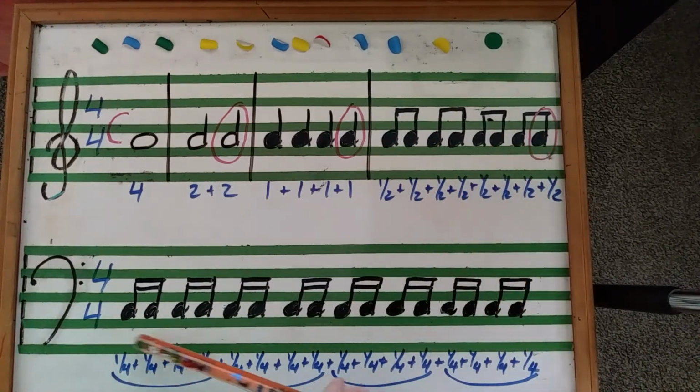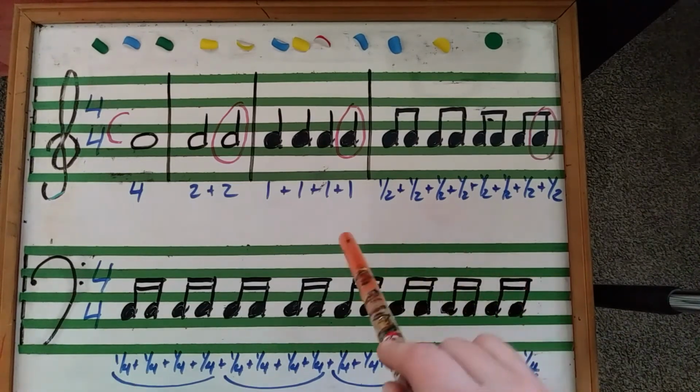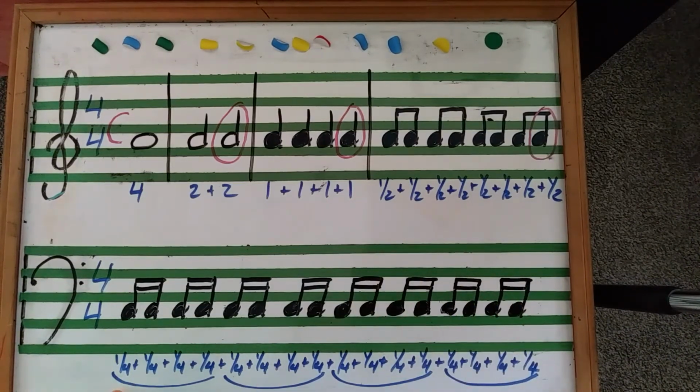Here we go to the 16th notes. You can probably see why I didn't go on to write 32nd notes. It would be a lot of notes. So you'll notice for 16th notes, 16 fit in a measure, because each of these notes is worth 1/4 of a beat. So we have 4 groups of 4 here. 1/4 plus 1/4 plus 1/4 plus 1/4 is 1, so 4 full beats.